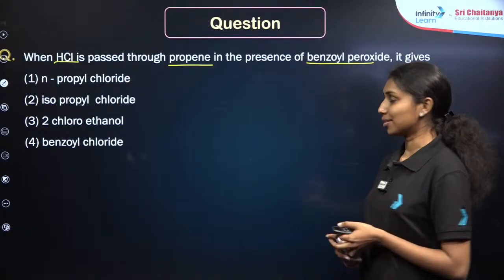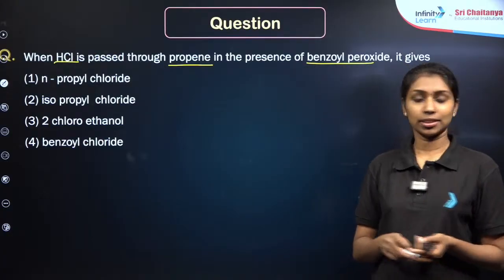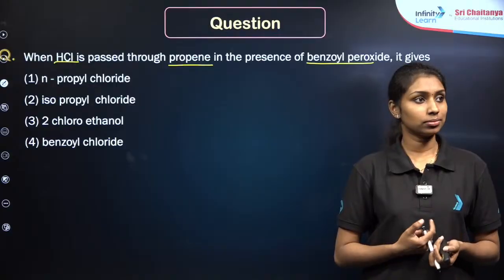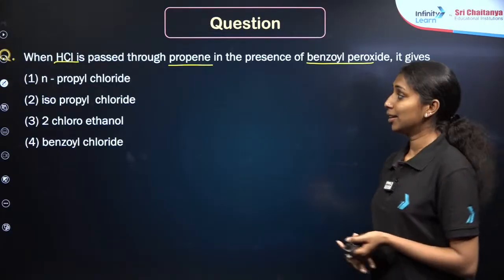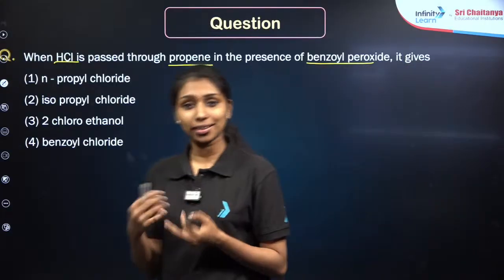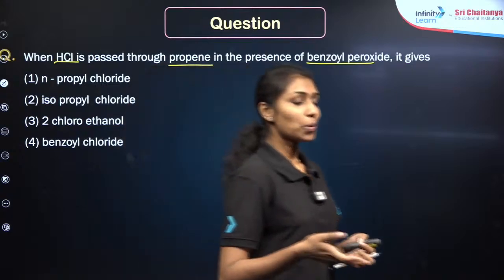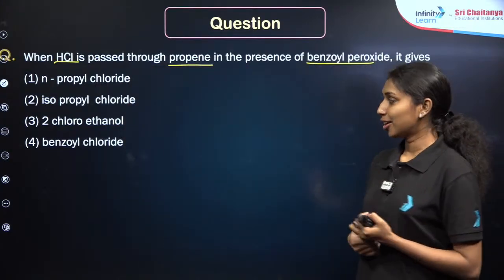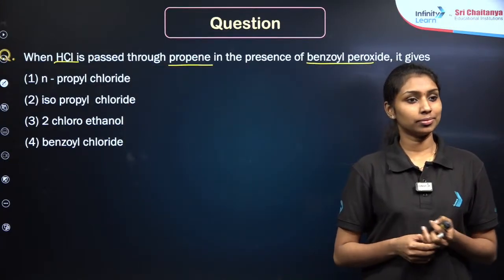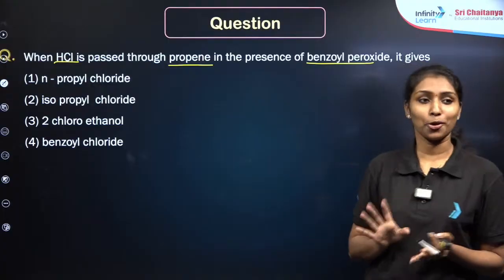Try to solve this question. If you don't know the exact answer, just give me random guesses. Four options are given, right? You can type it as 1, 2, 3 or 4.